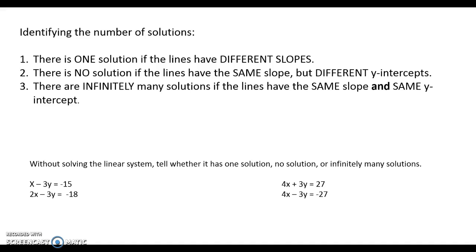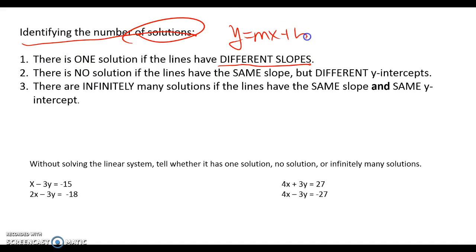Now, I don't even have to graph to identify the number of solutions I'll have. If my lines have different slopes, looking at them in y equals mx plus b form, there will be one solution, because they'll intersect at one point.